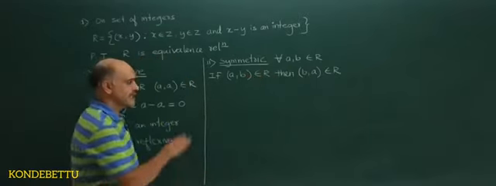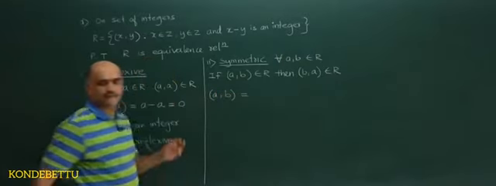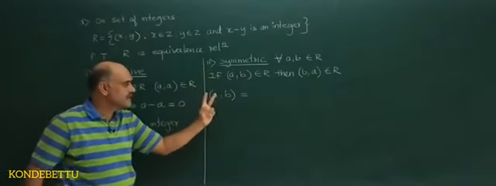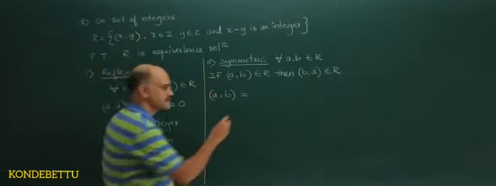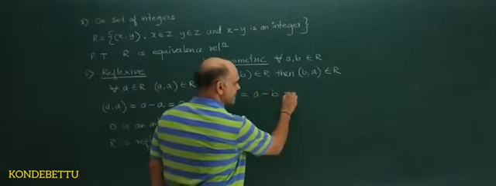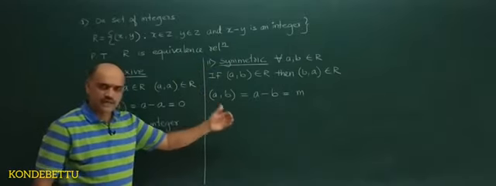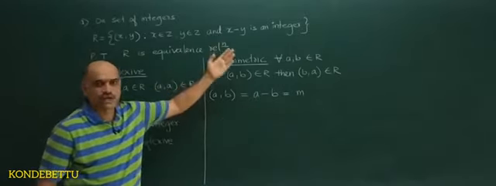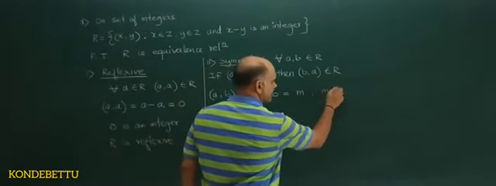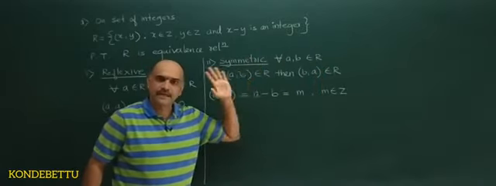So first I will take a comma b given. A comma b, by definition, I can write as, if x comma y is there it means x minus y. Similarly a comma b means a minus b. This I will take as m, any letter m, since x has already been used, so I have taken m, equal to m, where m belongs to Z. Meaning m is an integer I am taking.